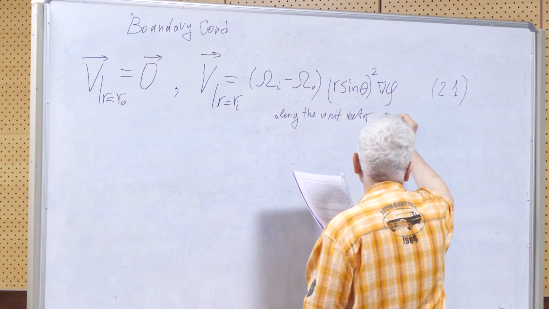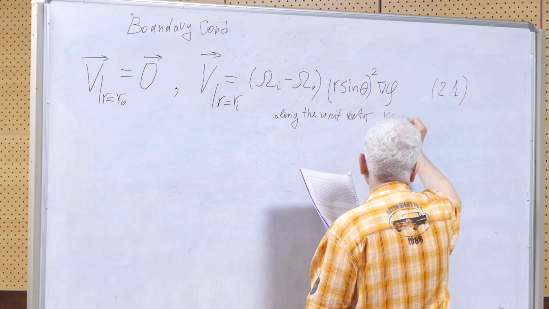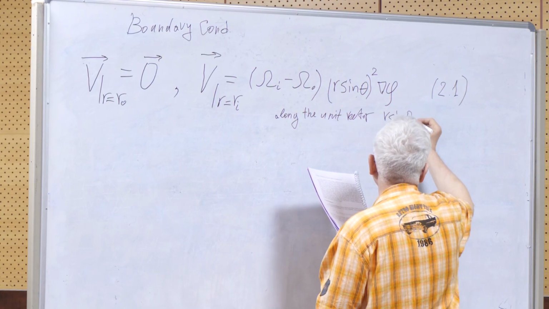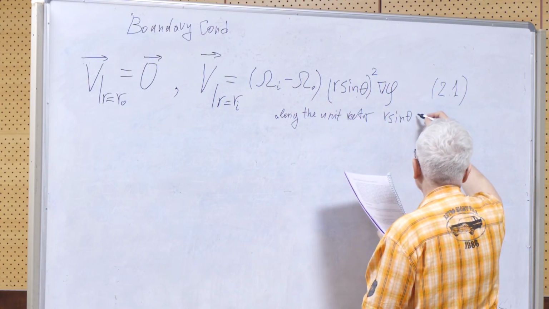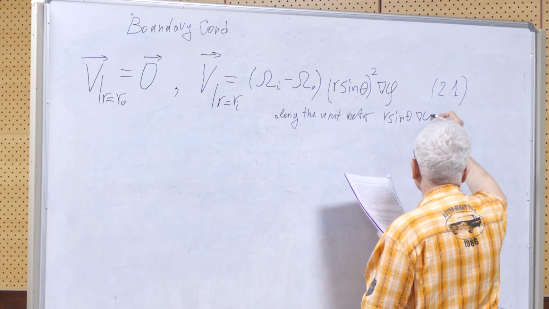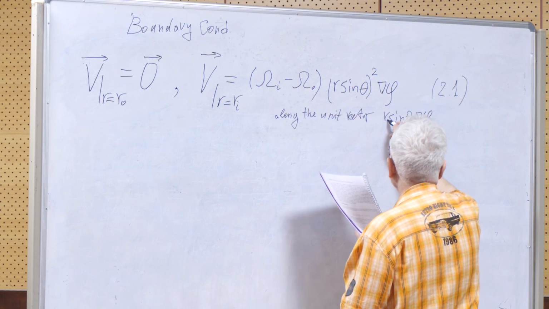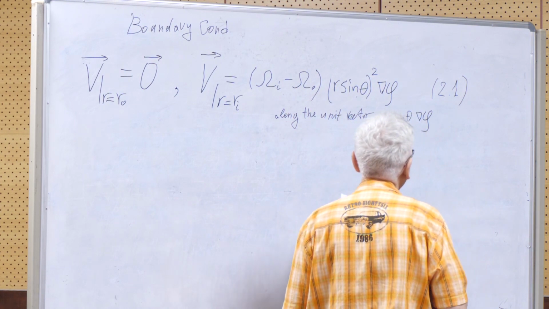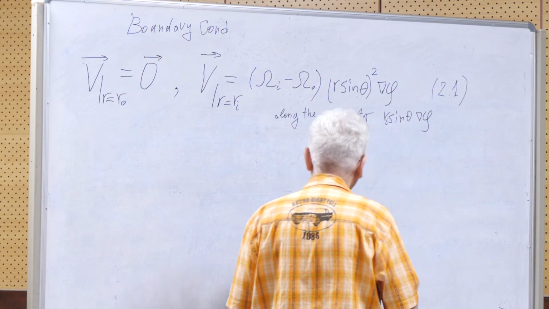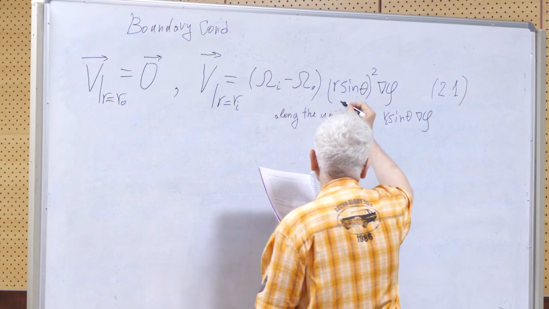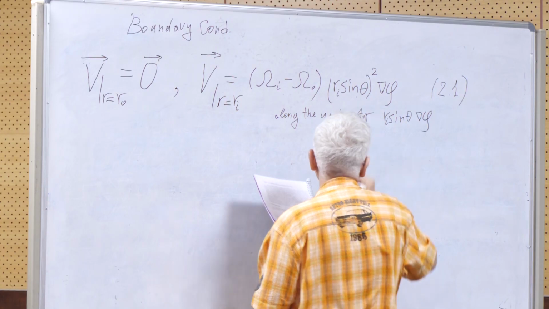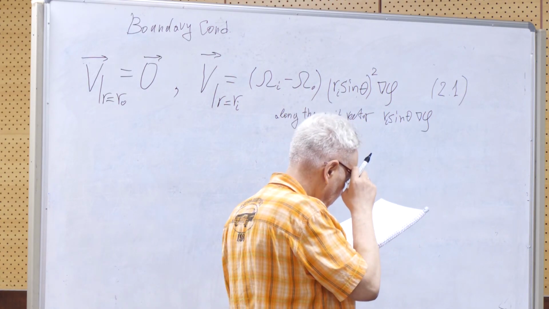And this unit vector is, in this case, just r sine theta. And here Ri is important: Ri sine theta, and here also Ri, because it's on the same boundary.